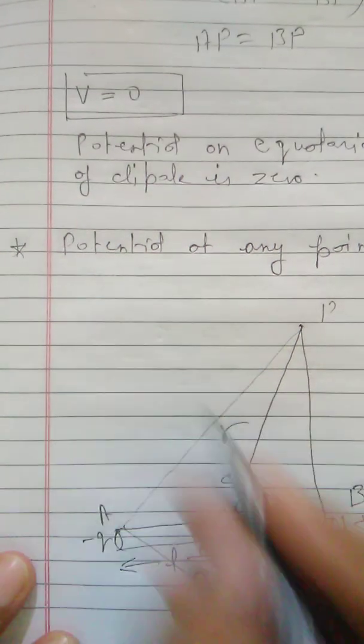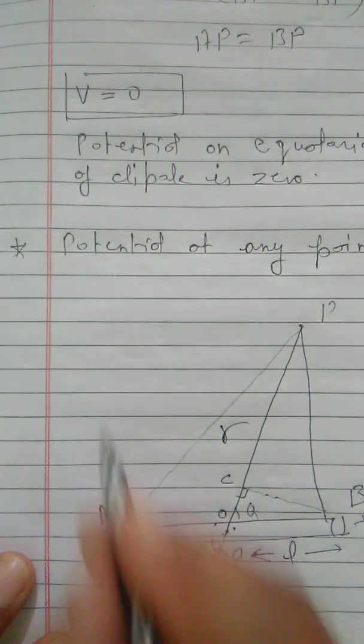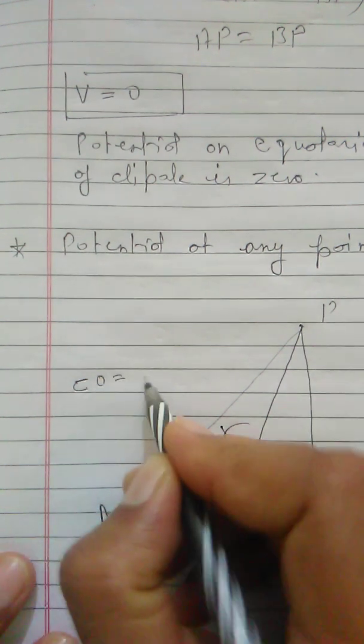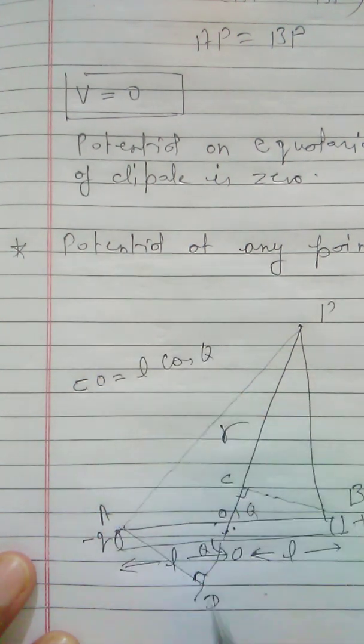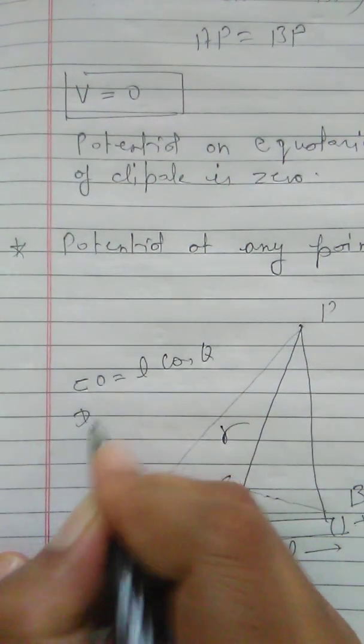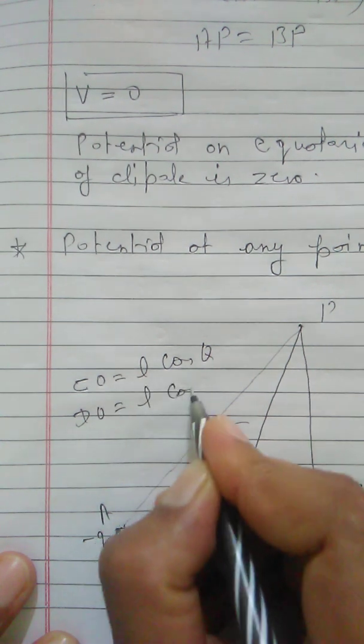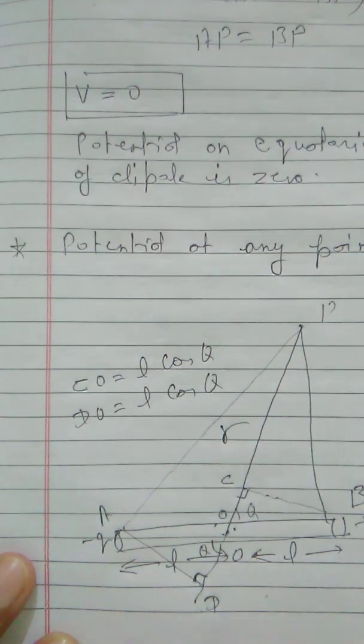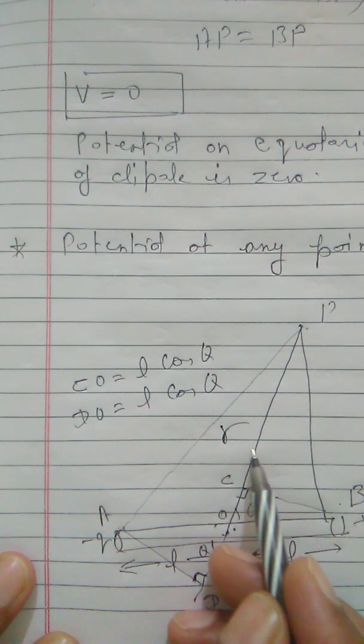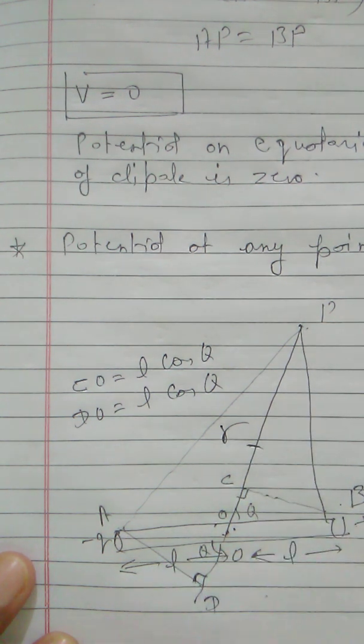So we can say that CO equals L cos theta. Similarly DO equals L cos theta. So we have calculated this. Now BP is equal to PC, and AP equals PD.